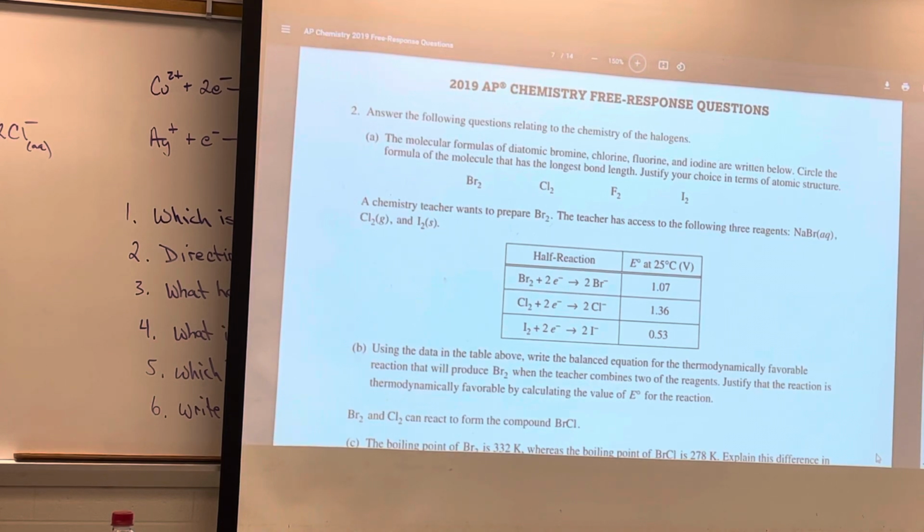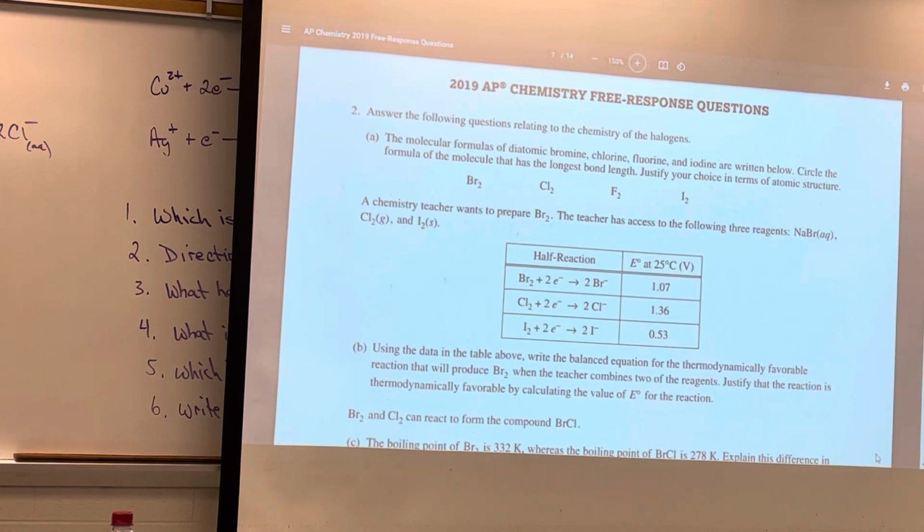Okay, now what does thermodynamically favorable have to do with this? Which means, what about E? It's positive. Delta G is equal to negative nFE. What must be the sign of E if delta G is going to be negative? Positive.